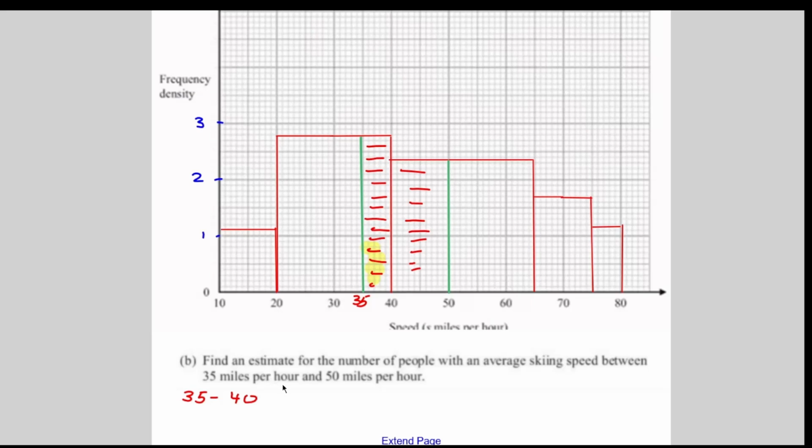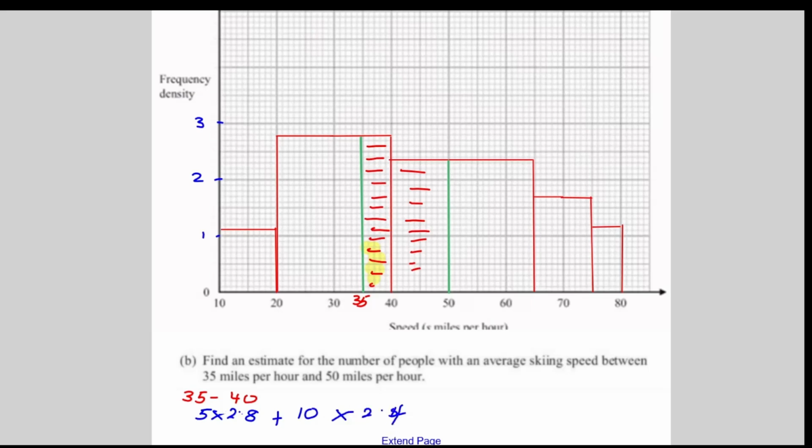Length is 35 to 40, it is 5. 5 into height, this is 2.8, plus this one, length is 40 to 50, which is 10, 10 into the height, which is 2.4.